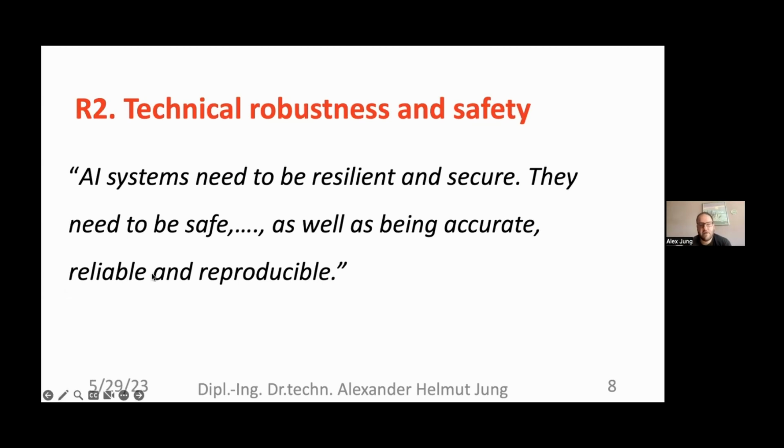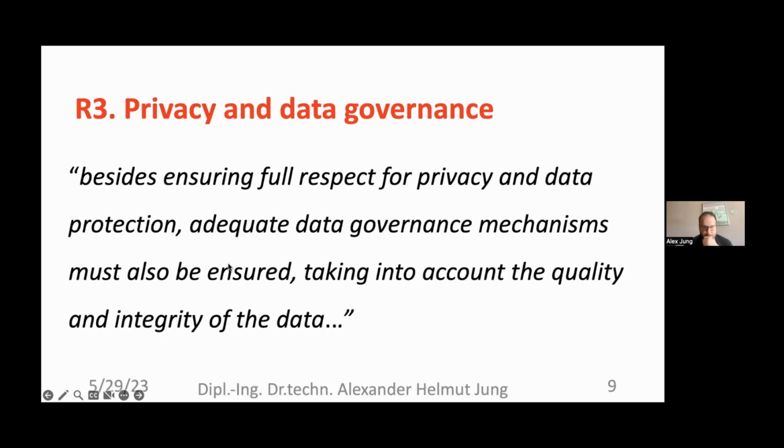Reliability is related to outliers, to attacks maybe. And reproducibility might be related to something that we could measure with variance. So this is actually quite close to our home turf as engineers or machine learning scientists. Also, privacy and data governance is a key requirement. So adequate data governance mechanisms must also be ensured, taking into account the quality and integrity of data.